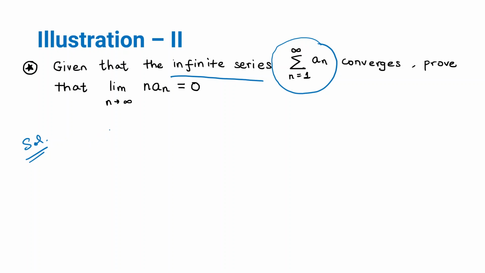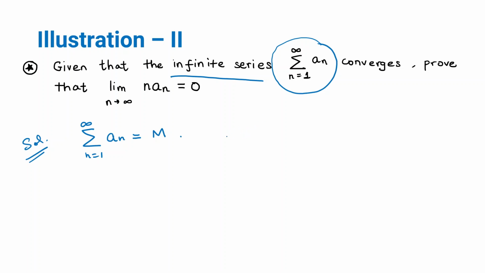Firstly, just note that since this series converges, it must be converging to some value. Let's call it m, the value of the summation of this series. Now we're going to try to apply the Stolz-Cesàro theorem in some way.